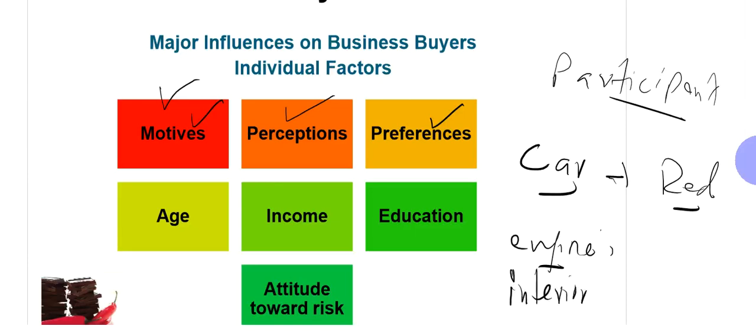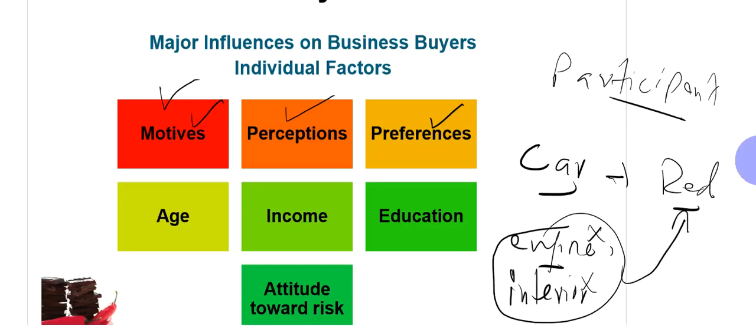If the interior is not good, if the engine is not good, then it doesn't matter for me, because the car is in red color and I will purchase. So preferences and priorities are very much important when the organization has to go for any business purchase.